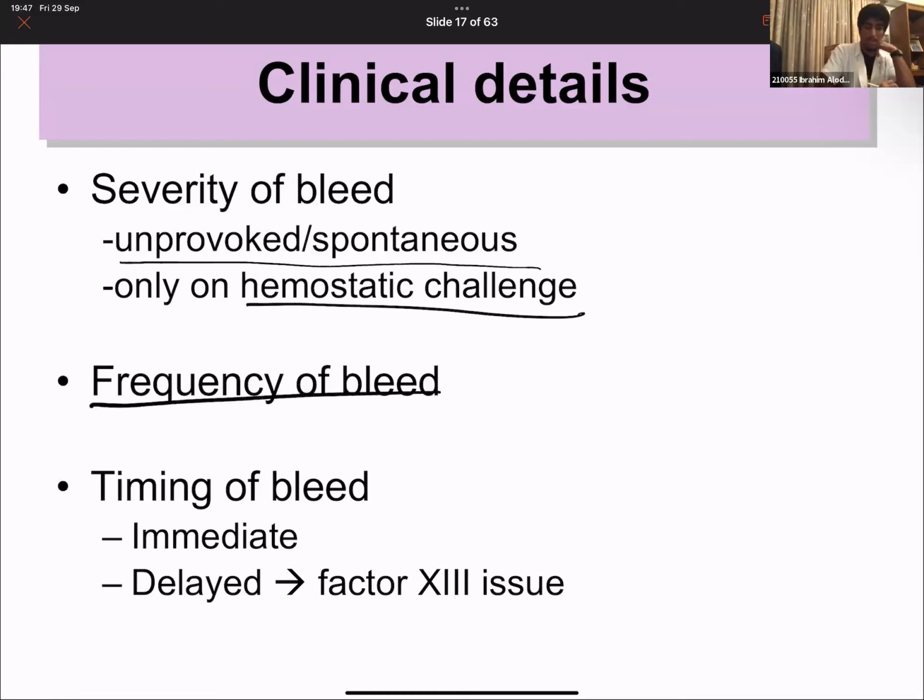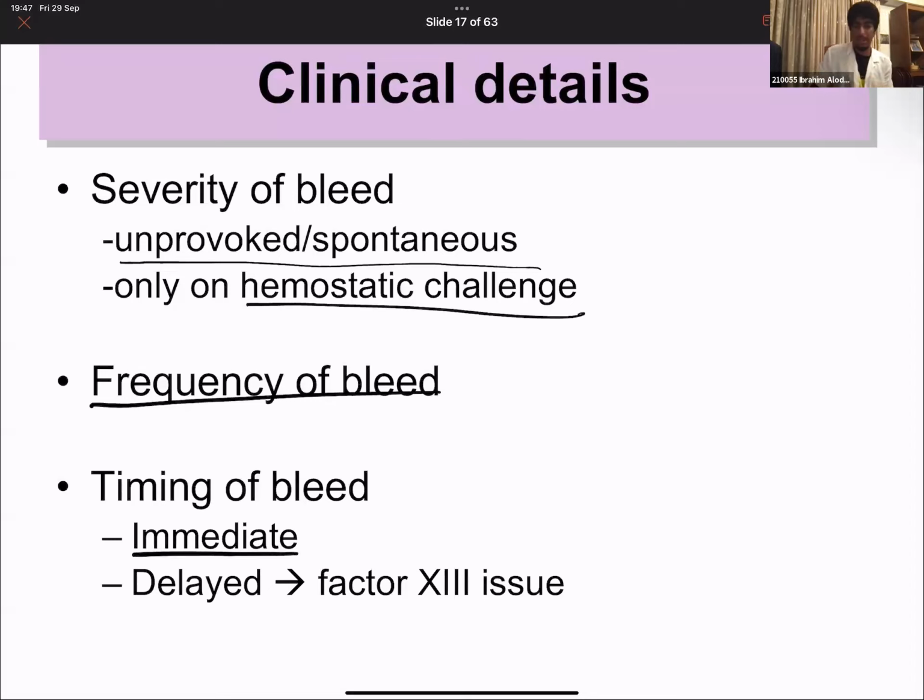You want to know how frequent the bleeding is. Suddenly, like unprovoked, spontaneously, just like if their bleeding starts suddenly. The frequency of bleed you want to know because you just want to know how often is this person bleeding, how much blood are they losing, and the timing of the bleed.